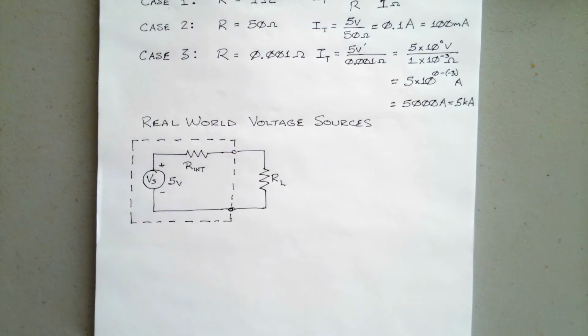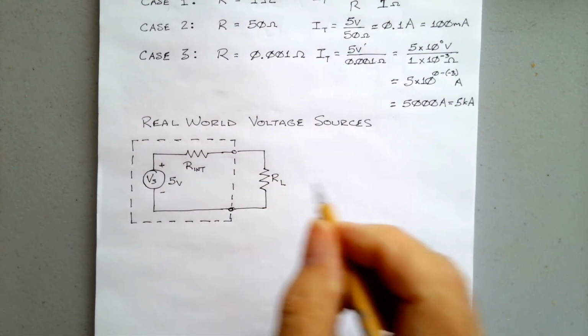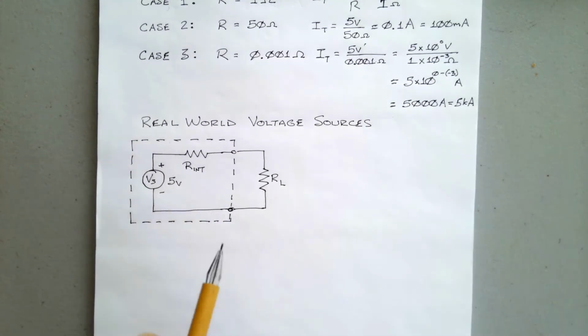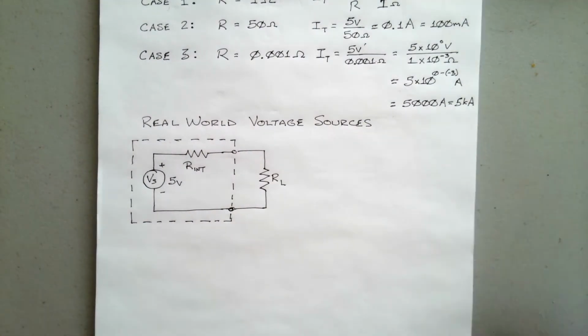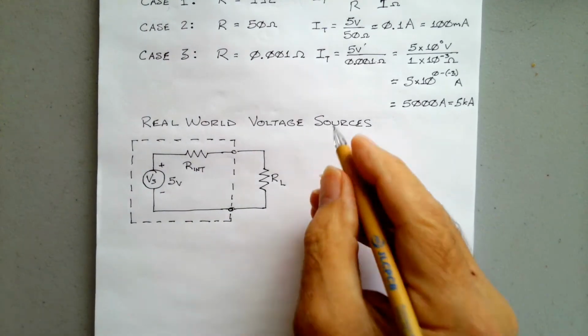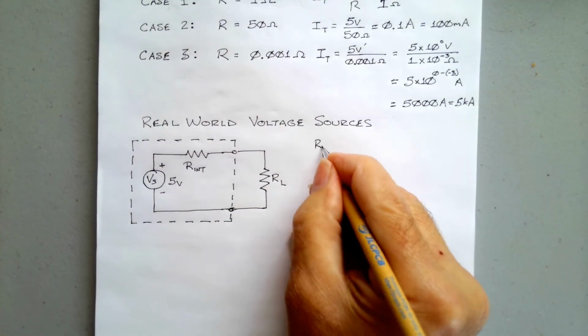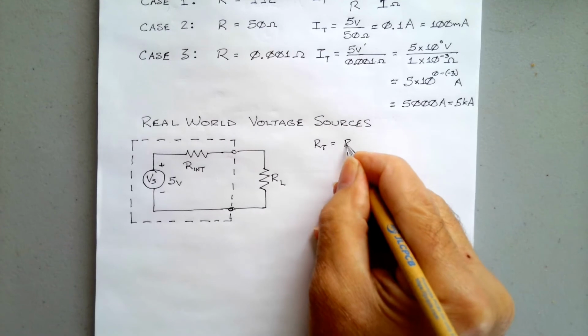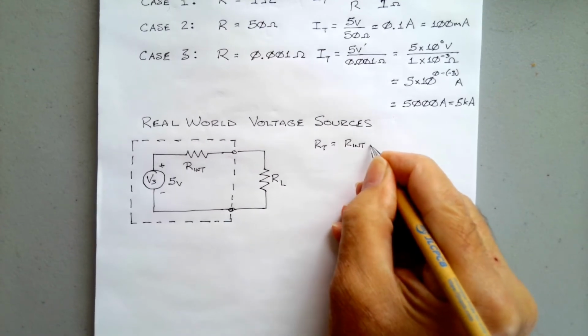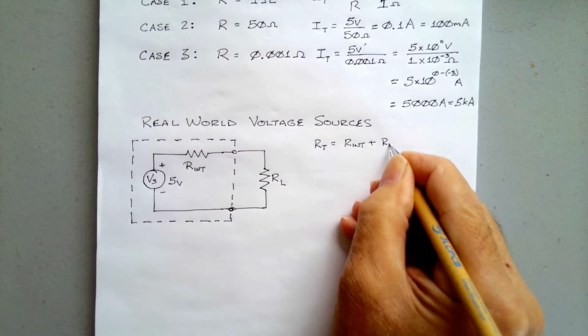And we know that the terminal voltage, the voltage across RL, can be solved in this circuit by applying the total resistance method. We have our R total is going to equal R internal plus RL.